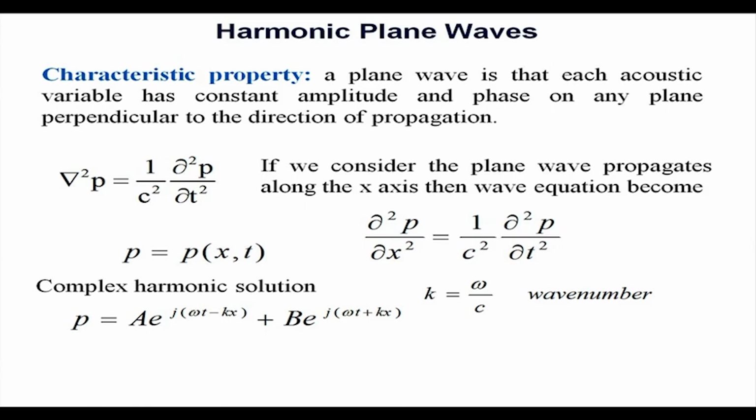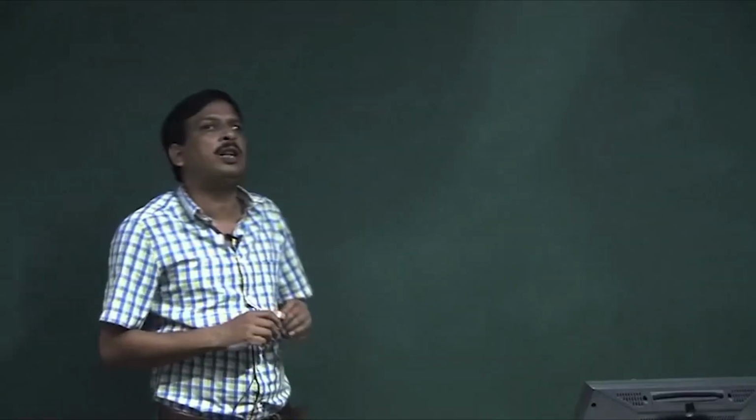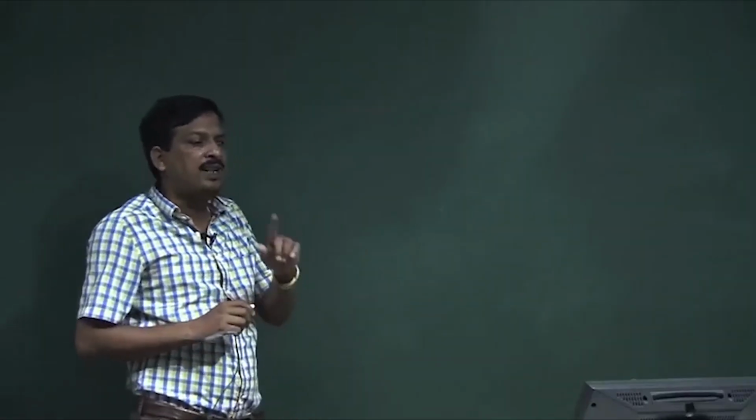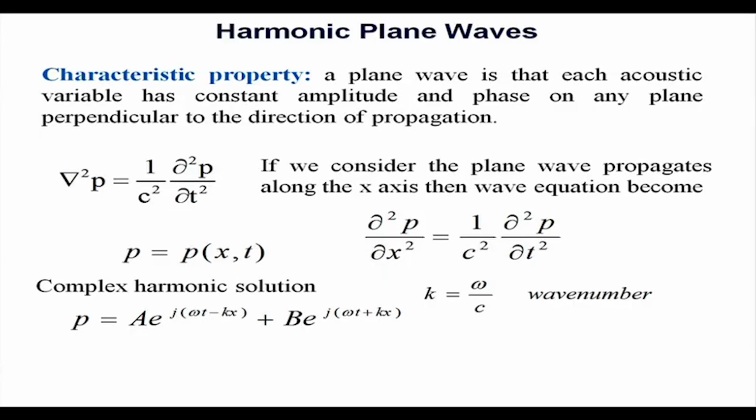The characteristic of the harmonic plane wave is that each acoustic variable has a constant amplitude and phase on any plane perpendicular to the direction of propagation. What is the meaning?